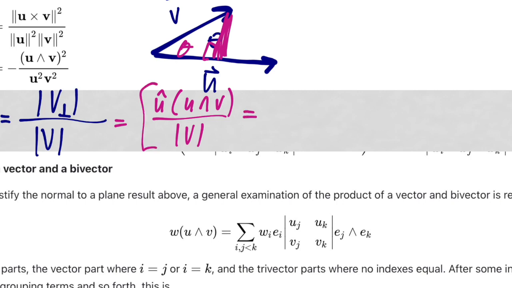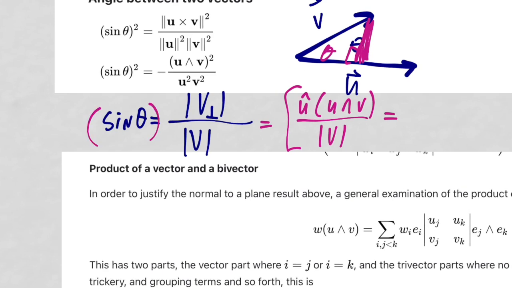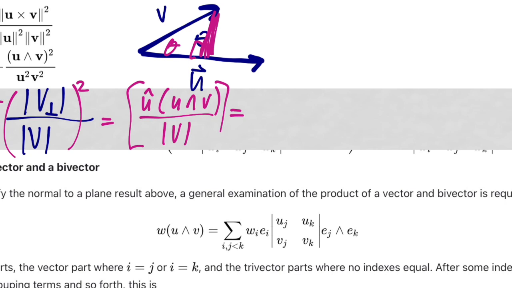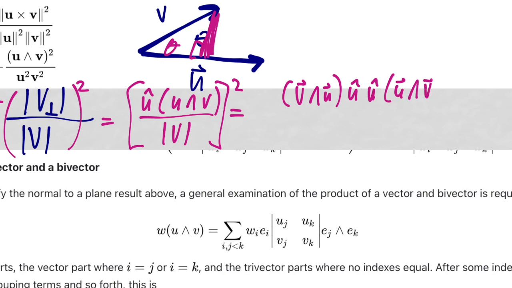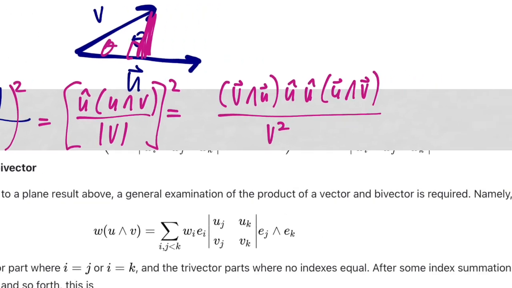So we're going to calculate this quantity squared, which is going to be V wedge U hat, U wedge V divided by V squared, where V is just the vector.